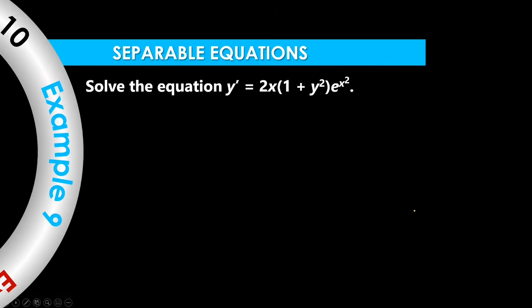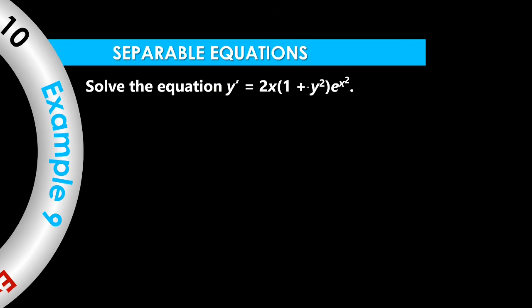Example number 9. Solve the equation y prime equals 2x times 1 plus y squared times e raised to x squared. So by inspection, we have here the derivative term on the left side. So if I multiply both sides by dx, the left side will be left with dy alone.